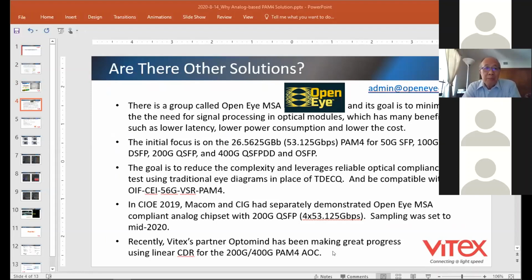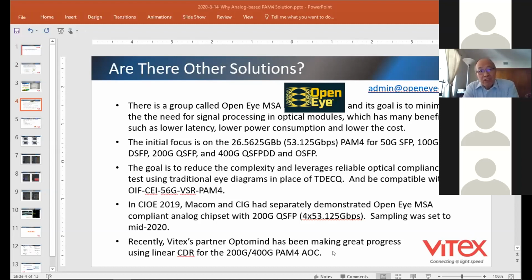Basically, its goal is to minimize the need for signal processing in optical modules, which has many benefits, as I mentioned last week: lower latency by using linear CDR, lower power consumption, and lower cost. And I will show you those numbers later in the following slides.